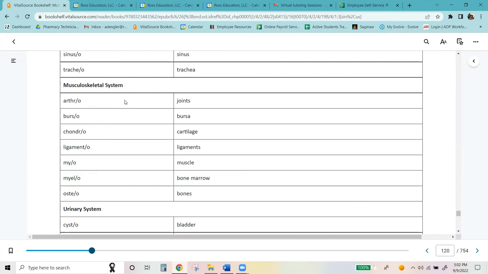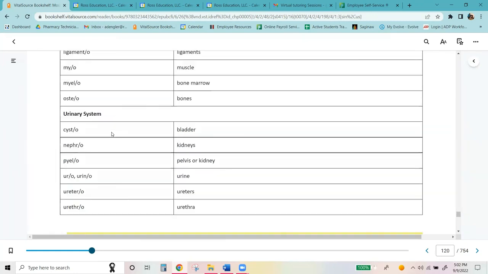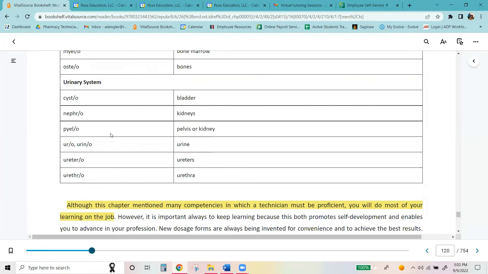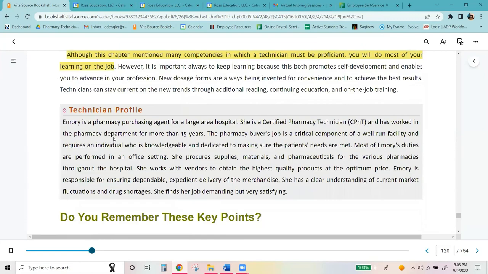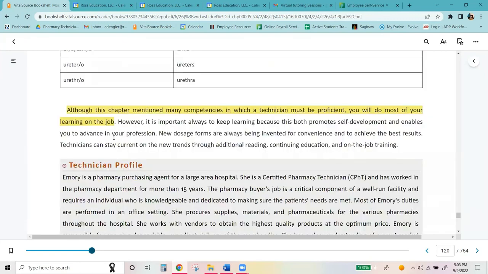Bursitis, inflammation of the bursa. Here are some for the urinary system. So cystitis, inflammation of the bladder, and so on and so forth. So hopefully you're understanding what I'm talking about by now.